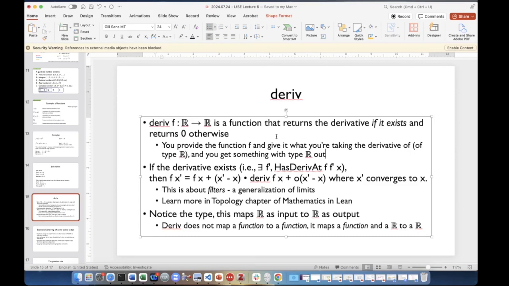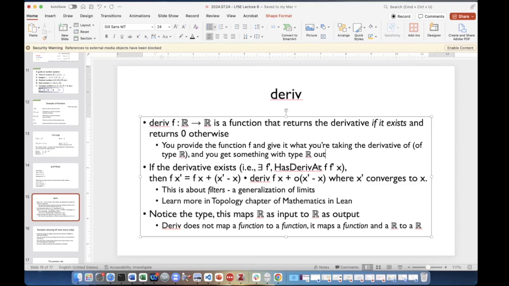Okay. So if the derivative exists, and the language here we've seen now, exists f prime, basically, if there exists an f prime such that HasDerivAt.